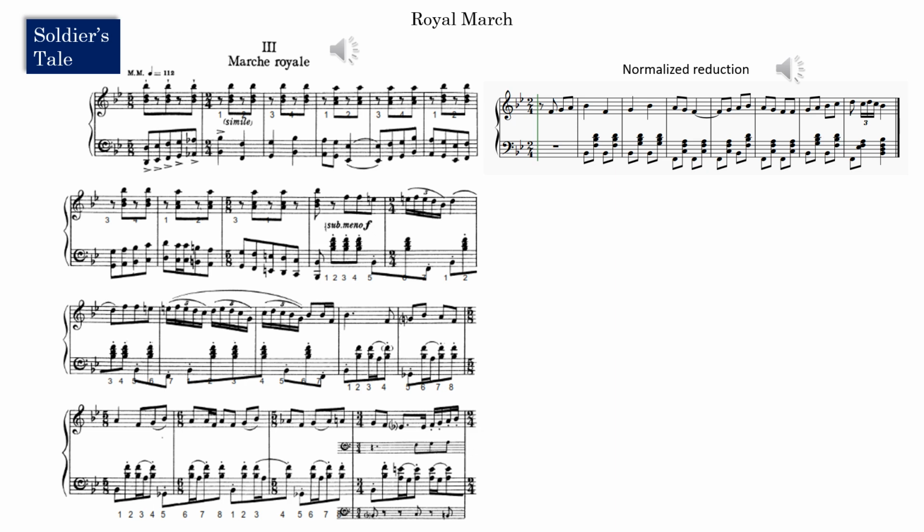All right, here's the Royal March from the Soldier's Tale. This is rhythmically also quite interesting. It starts out with a 5/8 measure. At first you think this is the strong beat, strong, weak, strong, weak, strong, but then it turns out that actually this is the strong beat, and these eighth note answers come on the weak beats.